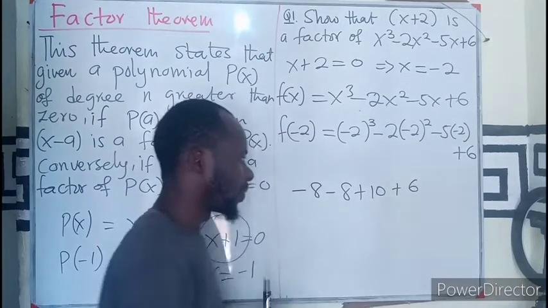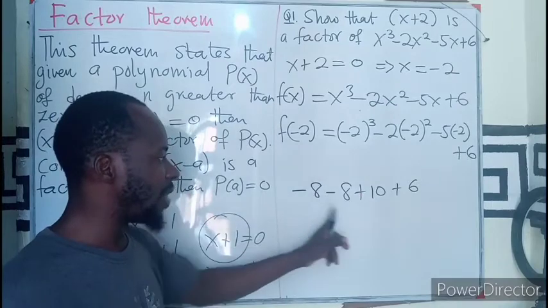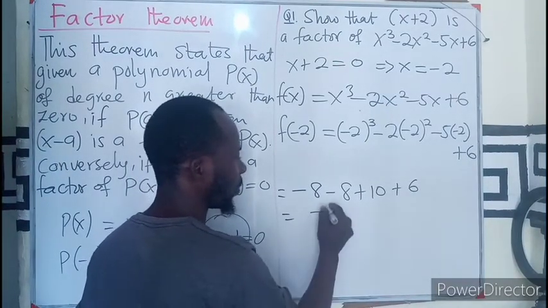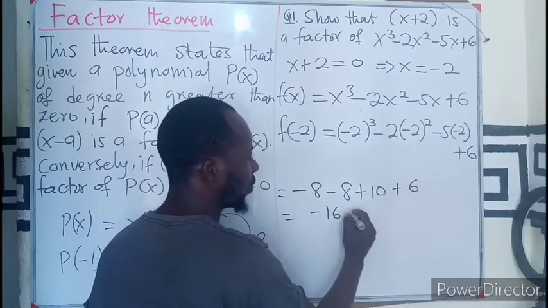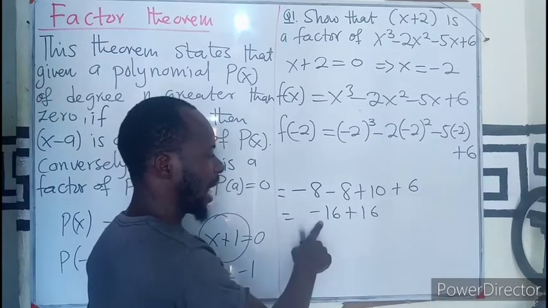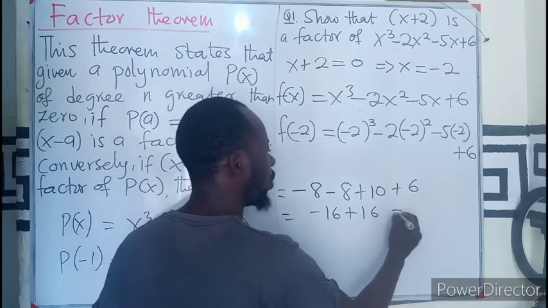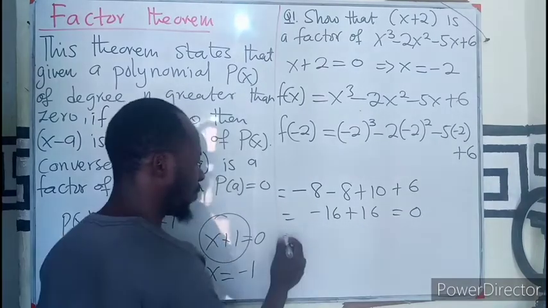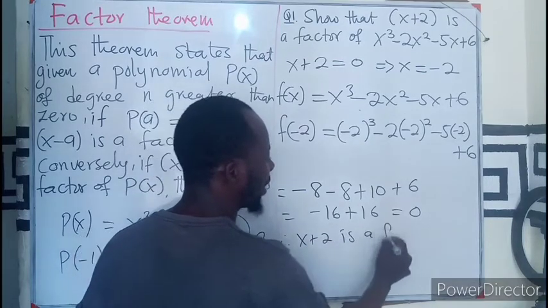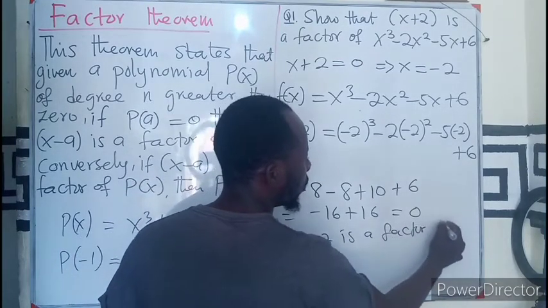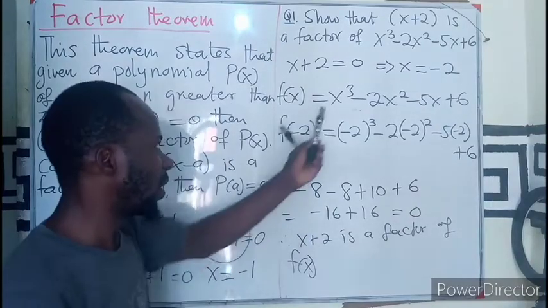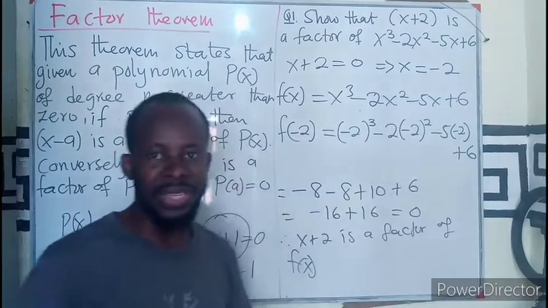Then plus your 6. The positive values add to 16 and the negative value is -8, so -8 plus 8 plus 10 plus 6. Negative 16 plus 16 will give us 0. So therefore, x plus 2 is a factor of the function that we have, which is this relation.